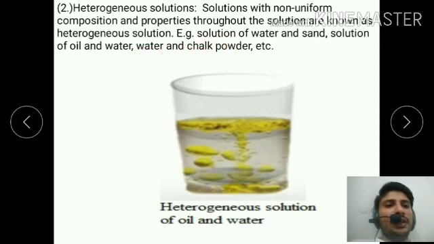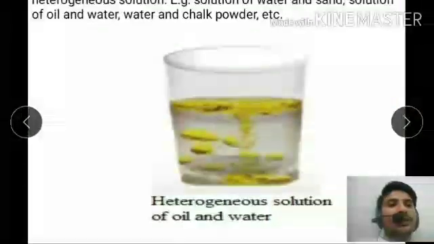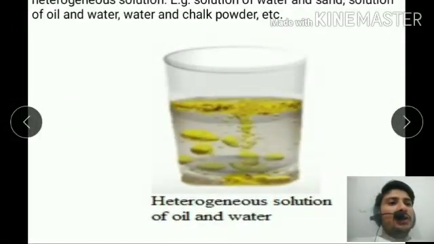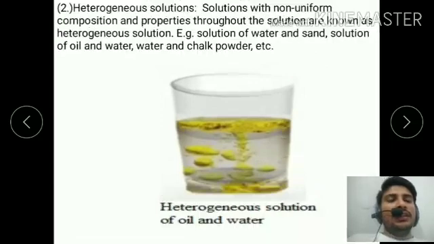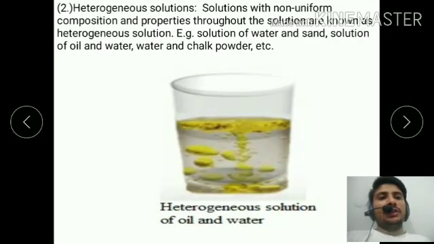Look at this picture: oil is mixed in water, but the oil is not dissolved. It floats on the upper layer of the water. That is an example of a heterogeneous solution. This is a simple explanation of homogeneous and heterogeneous solutions. Then we move to the next slide.